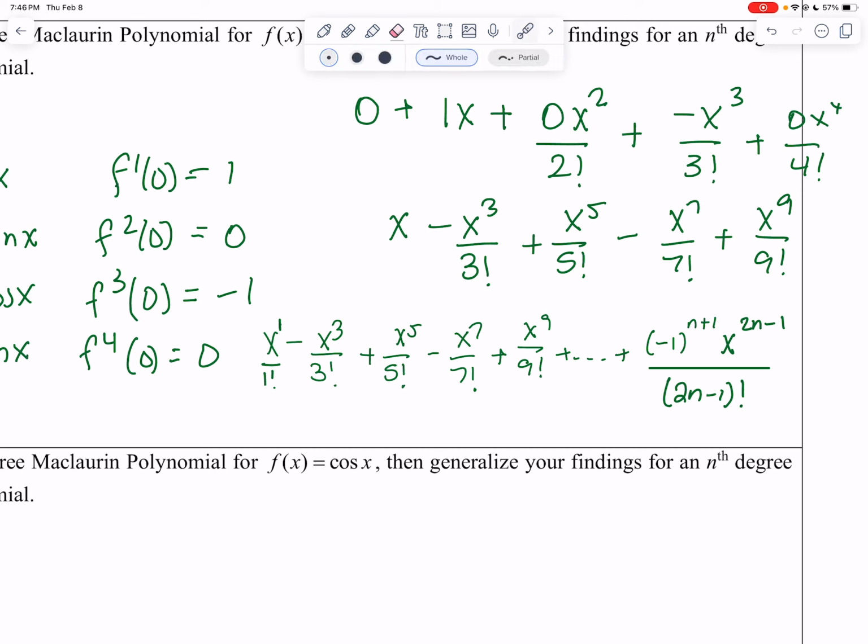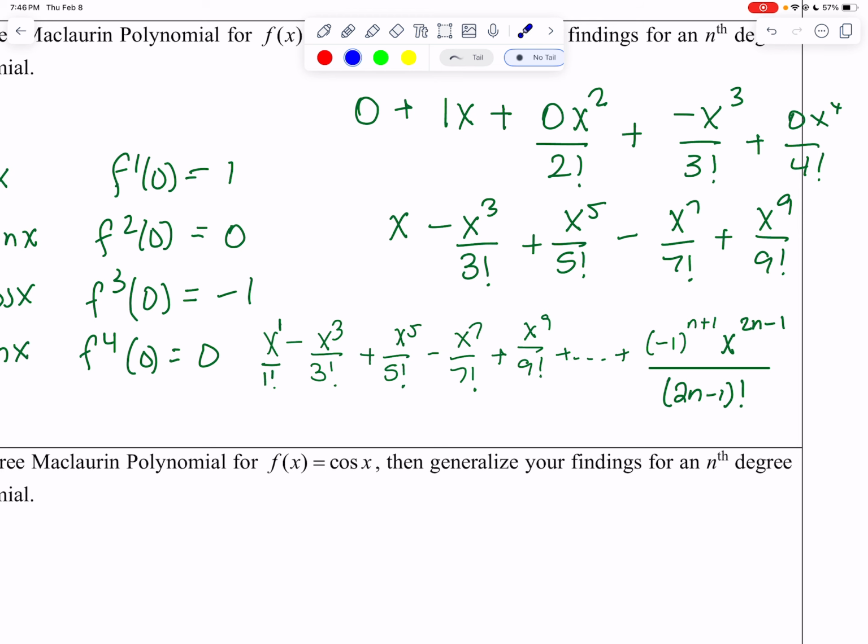And if I were to think about this, again, my first term is 2 times 1, which is 2, minus 1 is 1. My second term is 2 times 2, which is 4. 4 minus 1 is 3. My third term is 6 minus 1, which is 5. My fourth term is 8 minus 1, which is 7, and so forth. So this is going to be the generalized formula that you will need to remember.